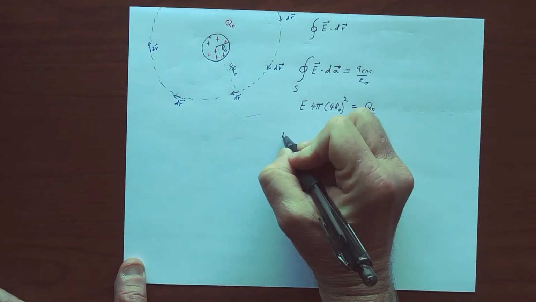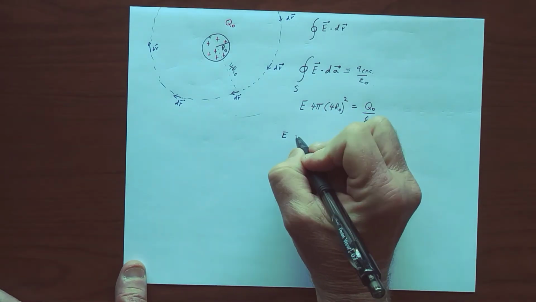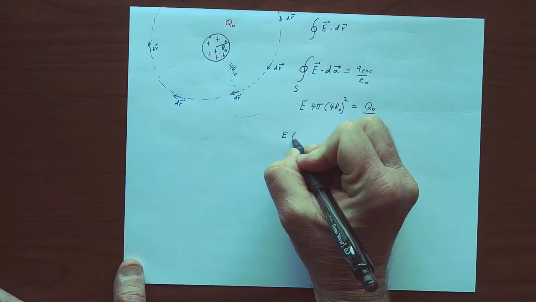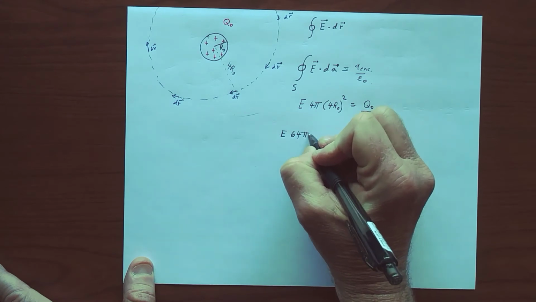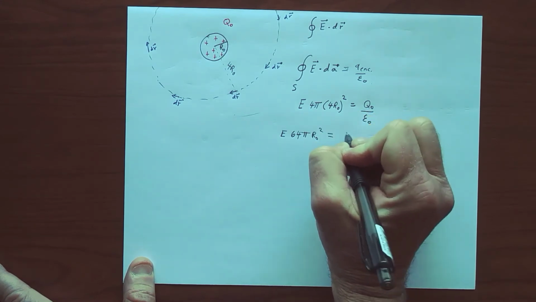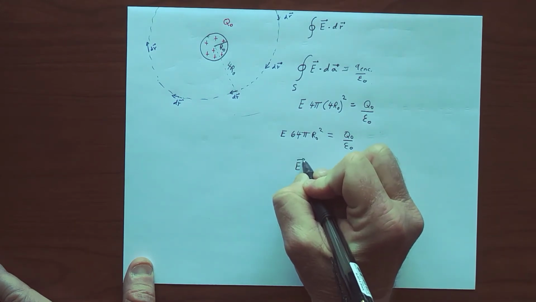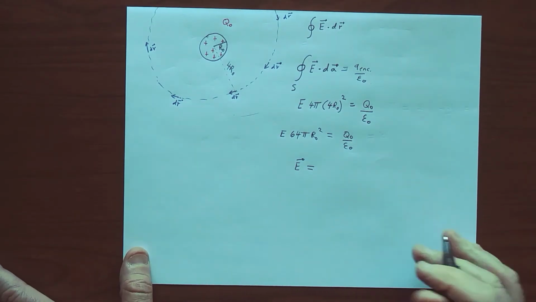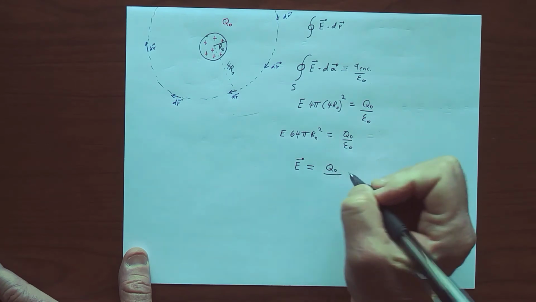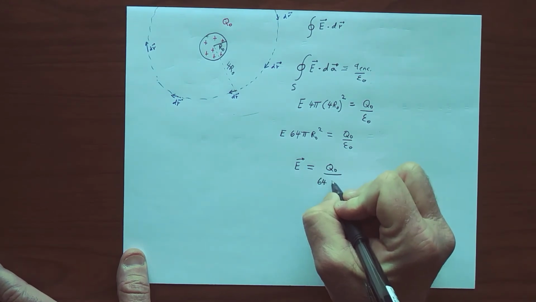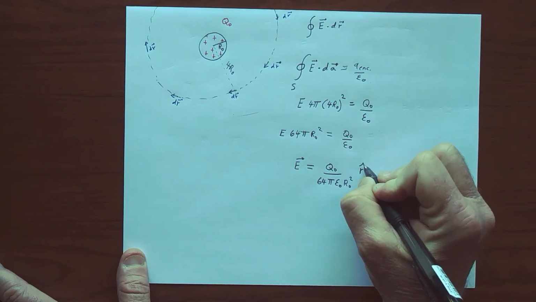This gets squared, so it's 16 times 4, that's 64, I have pi r naught squared, and that's equal to Q naught over epsilon naught. So the magnitude of the electric field, sorry, I already put an arrow on there, so I'm going to turn this into a vector. The full vector is Q naught over 64 pi epsilon naught r naught squared, r hat, because it's radial.